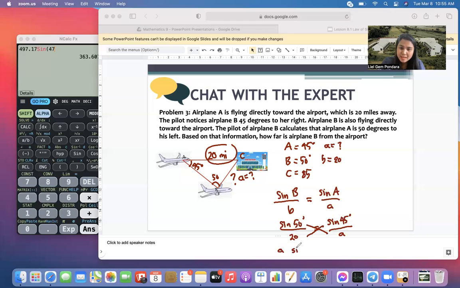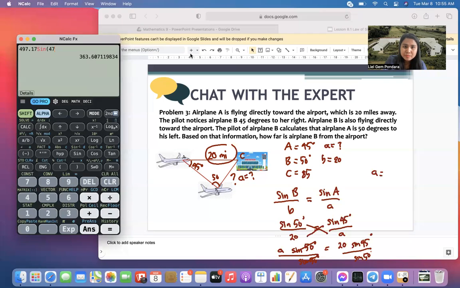You have A sine 50 equals 20 sine 45. Divide both sides by sine 50. What's now the answer for our A? 18.46 miles. Do not forget the unit of measure, miles.